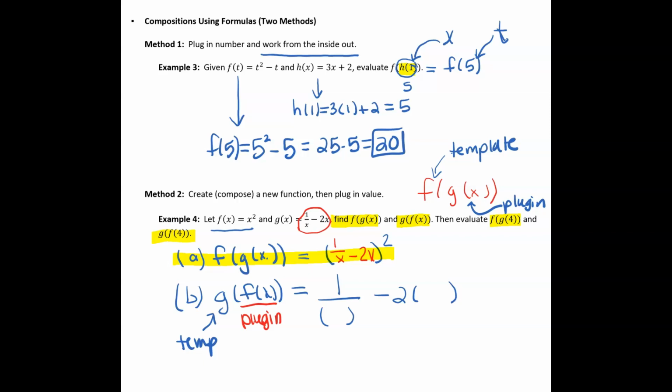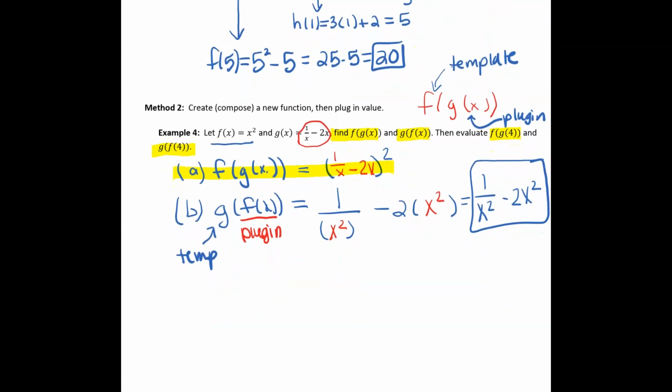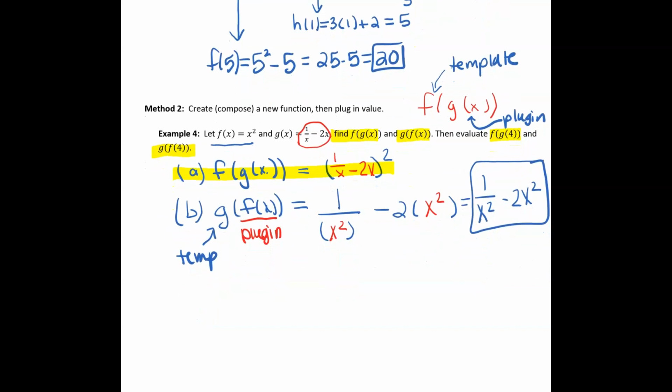Then I'm going to take my f equation and put it in all those blank parentheses. Now you do want to clean up algebraically if you can, but in both of these situations, there's not really any more that I want to do with this. Having those parentheses does not change the value of it, so I'm just going to write it without. But again, template plugin is going to be your friend as you work through creating composition functions.